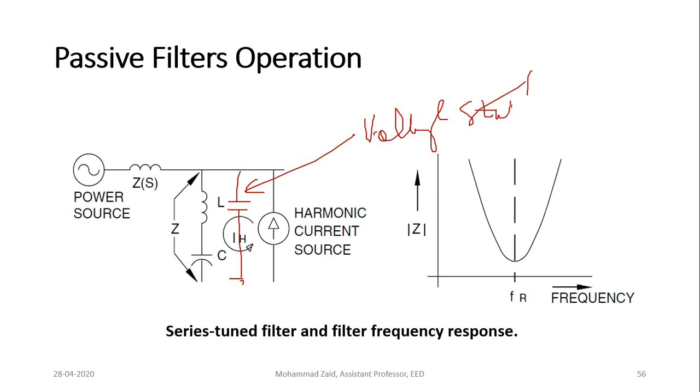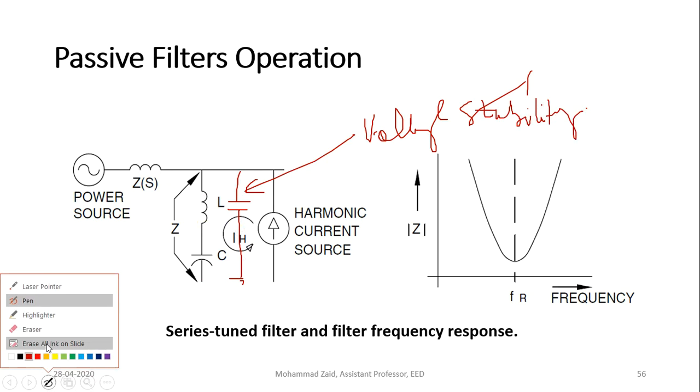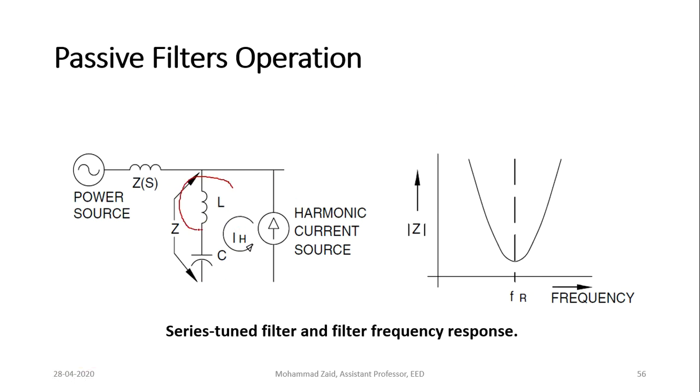We want voltage stability. But we have also added some amount of L into the system. So what we have done is converted your capacitor, which is already there in the system for power factor correction and voltage stability, with some L, so that this branch may act as a harmonic filter.